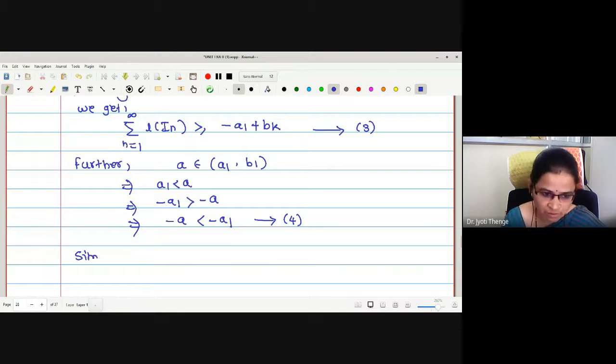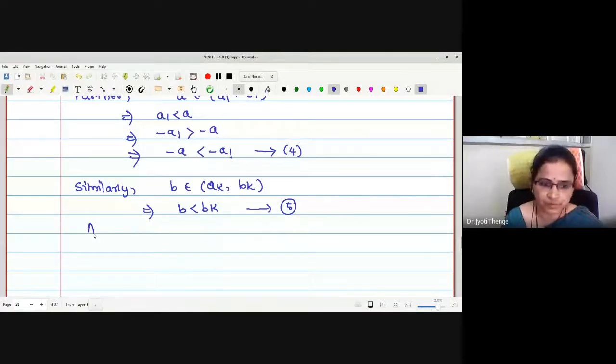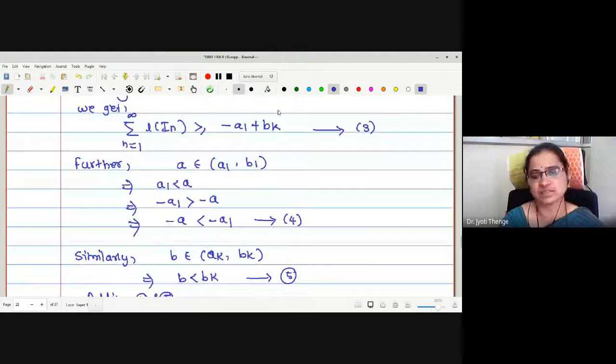Similarly, B belongs to AK, BK, correct? Therefore, this implies B less than BK, right? Now adding 4 and 5. Okay, what we have done: whatever terms we have obtained on the right hand side, minus A1 and BK, these are the intervals we have made for our convenience.